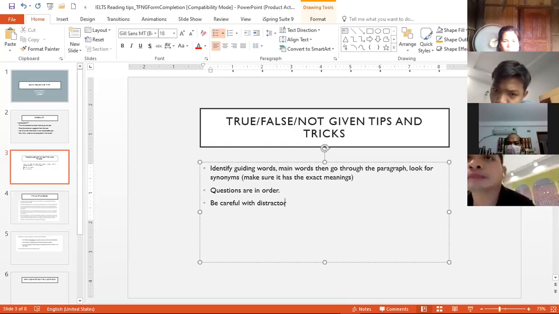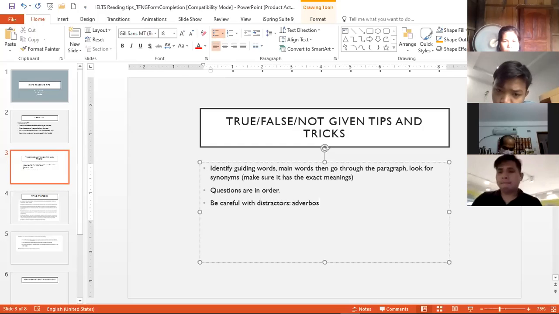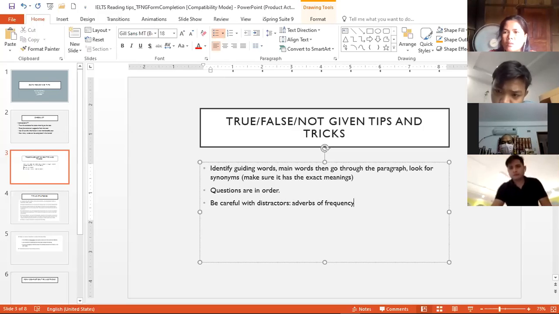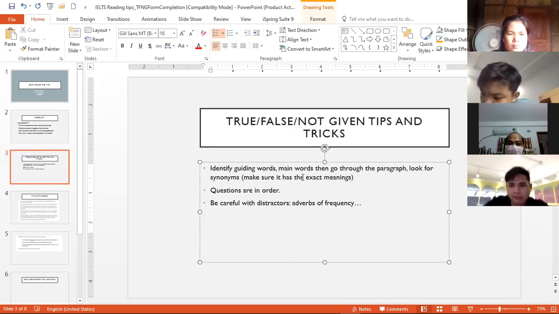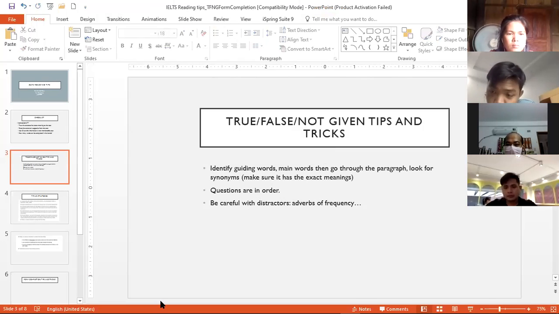It's not the exact meaning, like adverbs of frequency, for example. Any other thing to add? Is that all? All right. If we cannot think of any more, let's go to some other extra tips that are also convenient to understand.